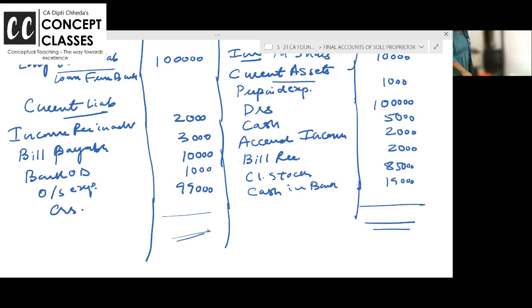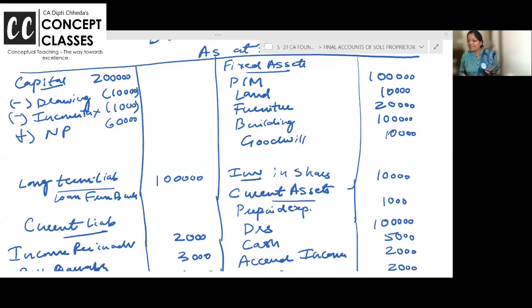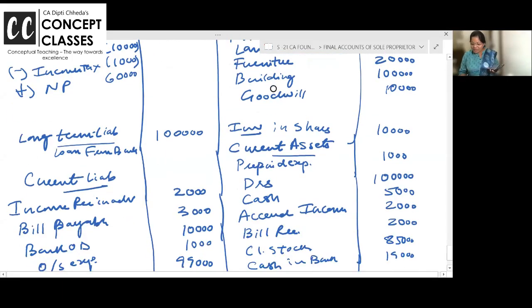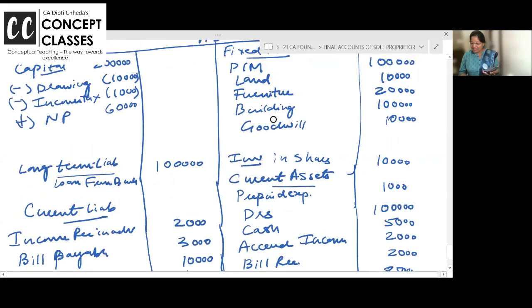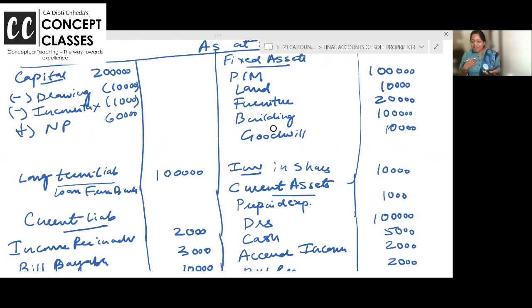Yes, what is the total? Tell me. Yes. What is the total of the balance sheet you have got? Asset side. It's my way of doing from asset side. कोई ऐसा thumb rule नहीं है.